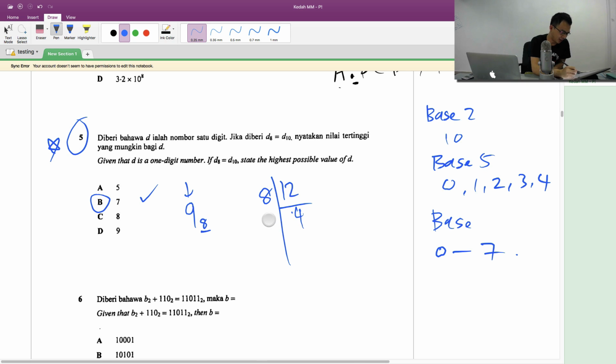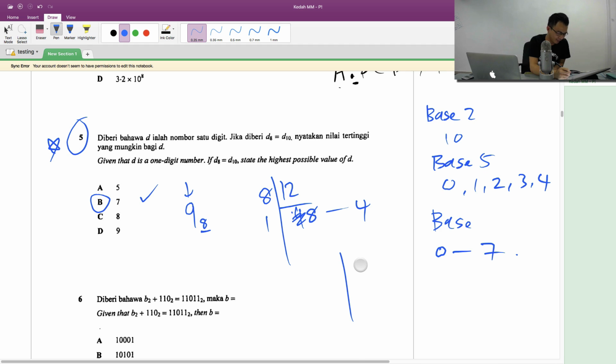How we write it here, we write 1, and I guess we write 8 here and the remainder is 4, isn't it? Divide 8. I totally forget how to change this one. I think the answer is B.